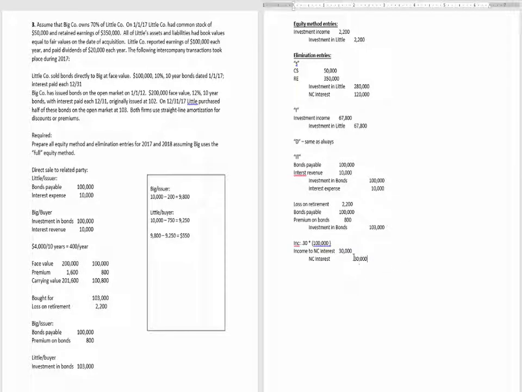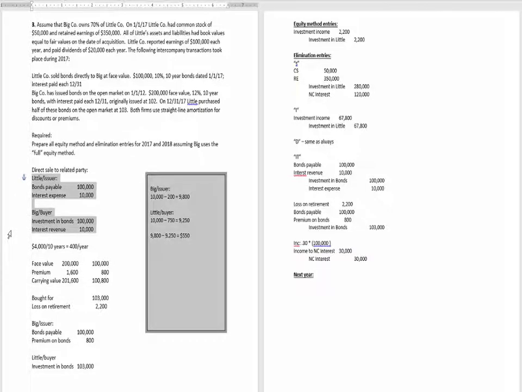Okay, following year. Let's think about what's going to happen the following year. I can't stress enough the prudence and usefulness of making up this list of accounts that's going to be on each of the two companies' books related to this intercompany bond issue. First, they're going to have these same accounts they had previously.